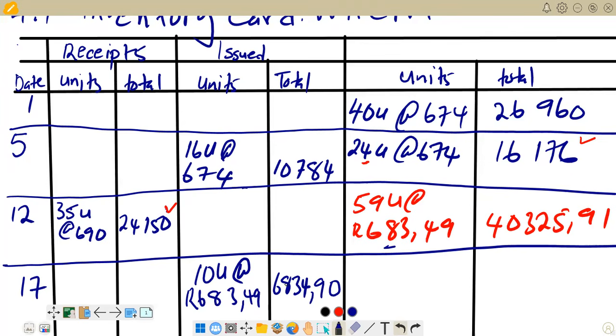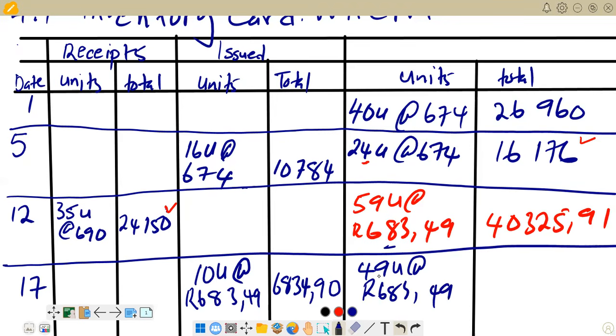And then on the balance section now, remember we are issuing, so it means there's a reduction there. If you say 59 minus 10, you are going to be left with 49 units. Remember the value per unit is not changing. We are still having 683.49.